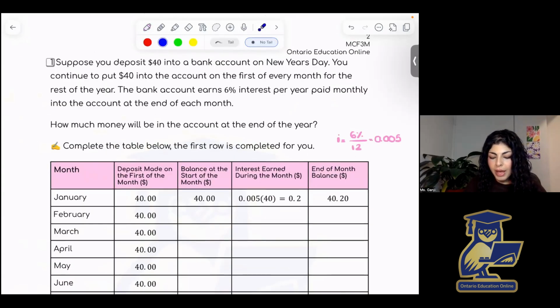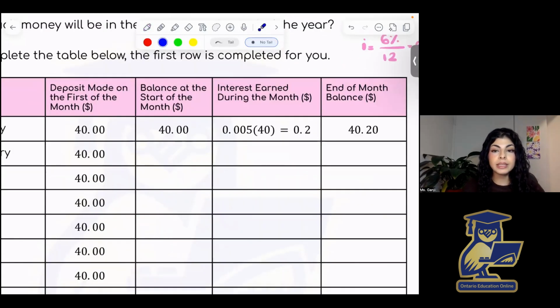So on that $40 that I invested at the beginning of the month, which is also here my balance, I earned 0.5% of that $40, which was 20 cents. So at the end of the month, my balance is $40.20.